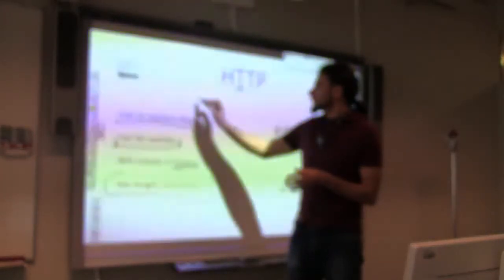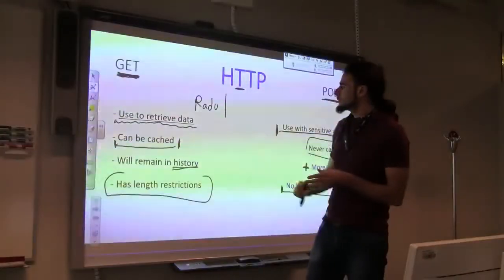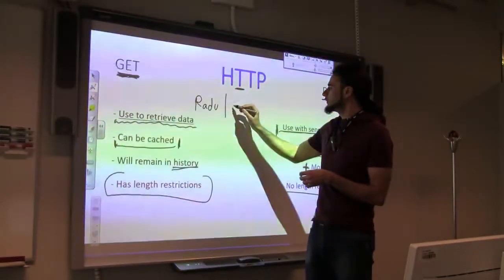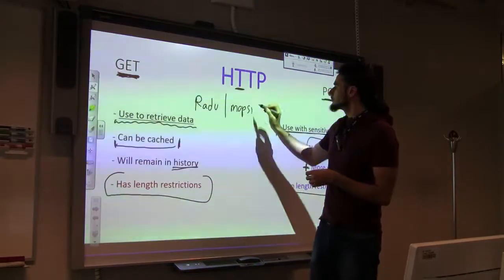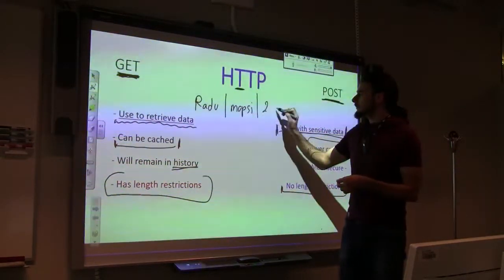Okay, I want to send user Radu, and I want to send a password, which is maybe, I don't know, let's say Mopsy, and then you want to say also the age, let's say 29.